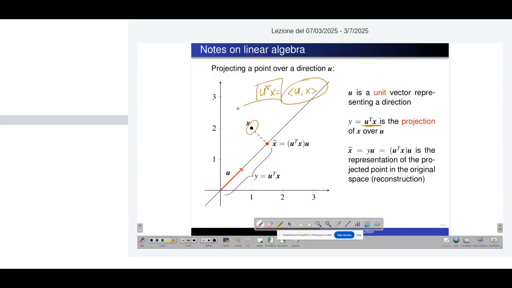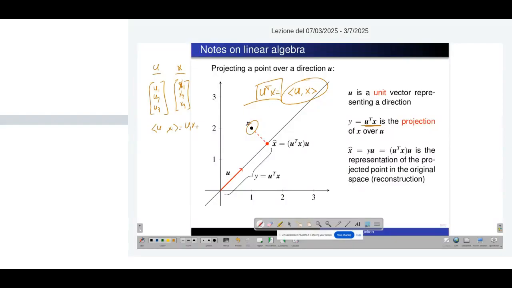We will always use here the matrix multiplication representation, so it's vector u transpose times x corresponds exactly to the scalar product. Imagine that you have vector u, the components u1, u2, and u3, vector x. Remember, all these, if I don't say otherwise, are column vectors.